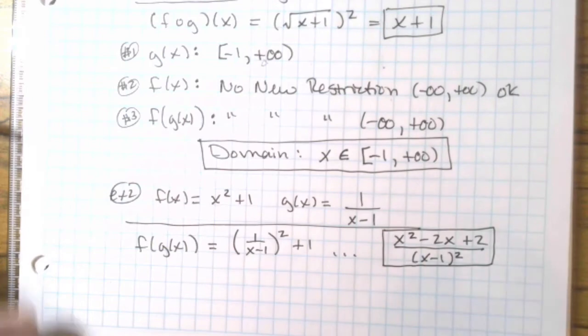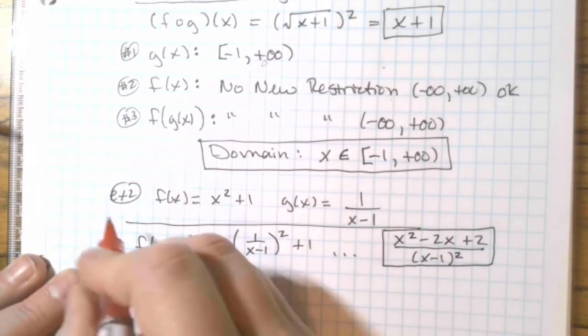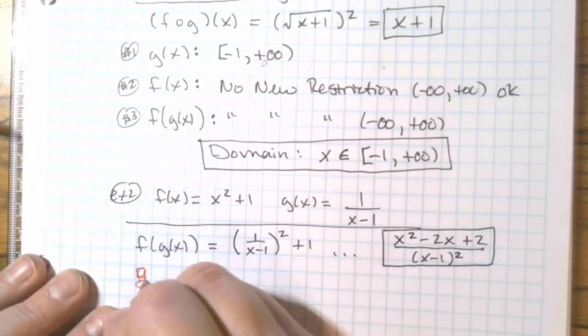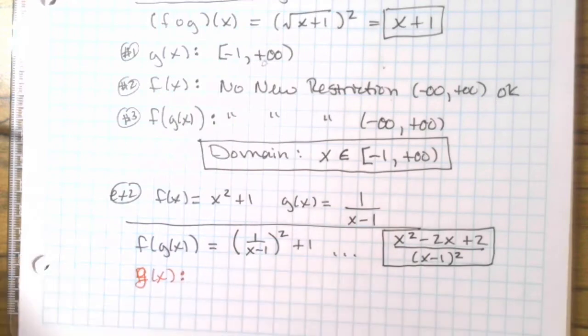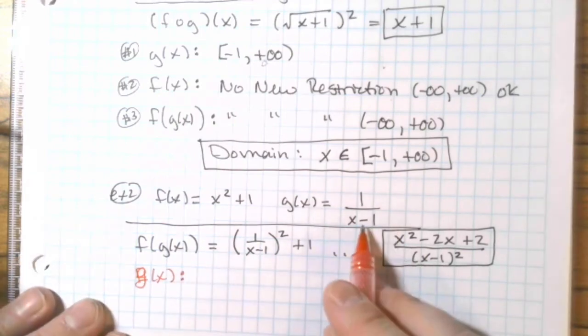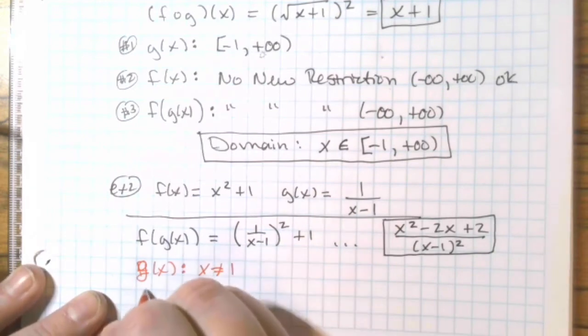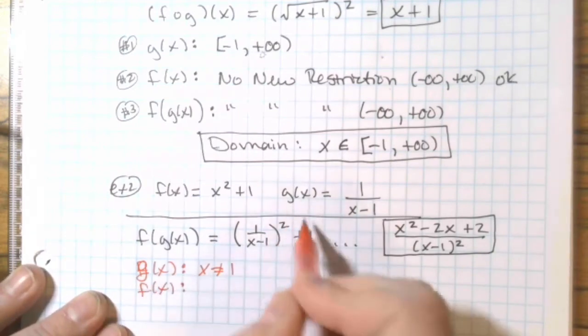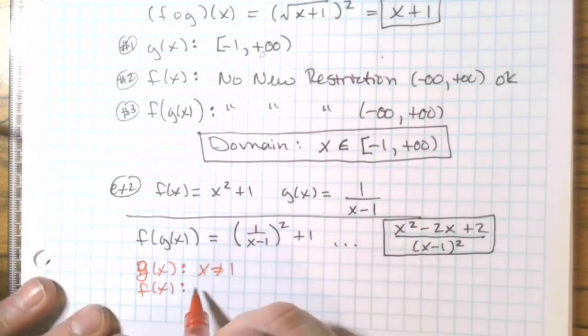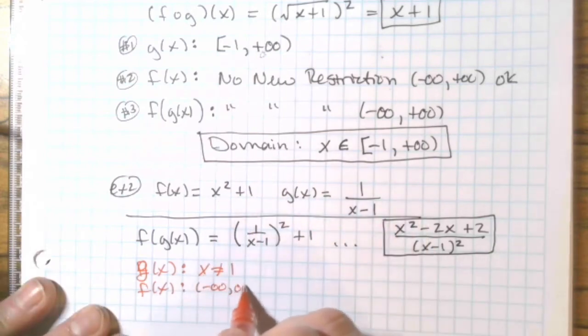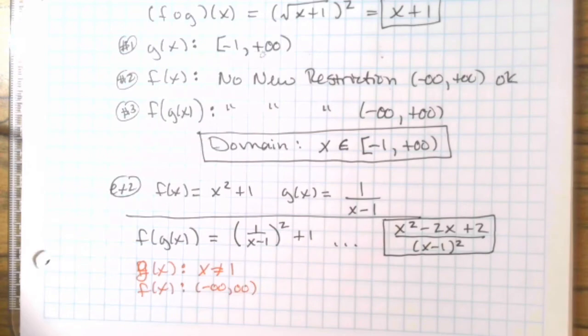All right, I'm going to switch colors. We're going to do the domain. So we do the inside one first, so g of x comes first. In g of x, x can't be 1 because it creates a 0, so we have a hole. For f of x, the one on the outside, x squared plus 1 is a parabola, so there's nothing new to restrict. It's all values.